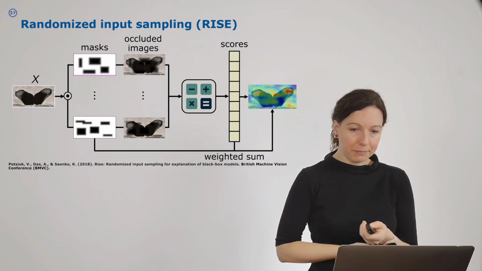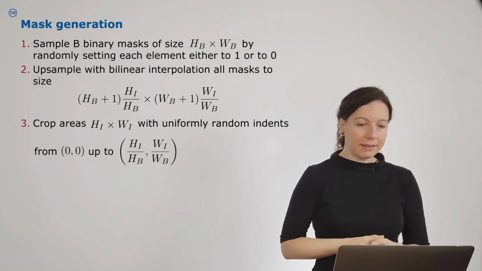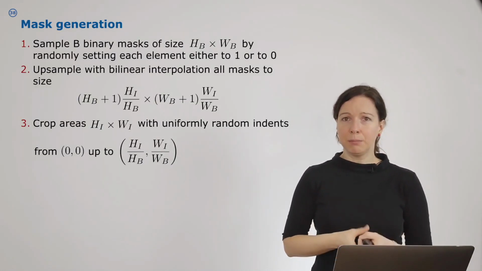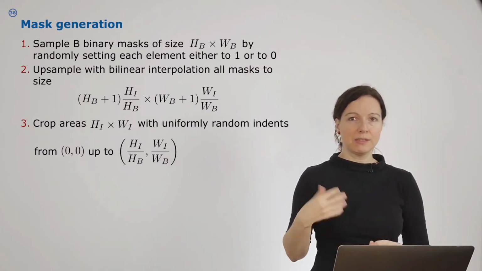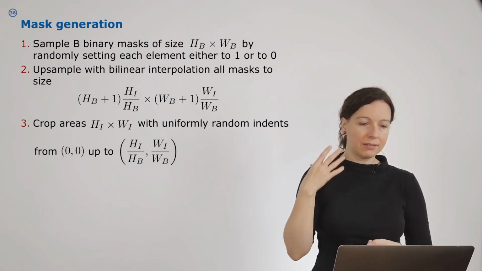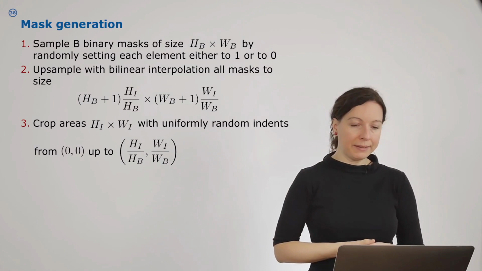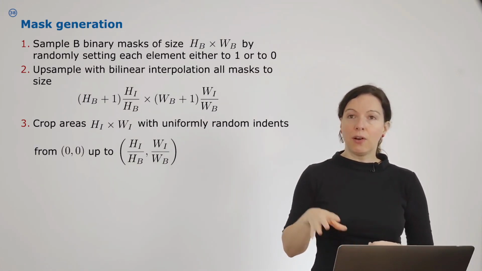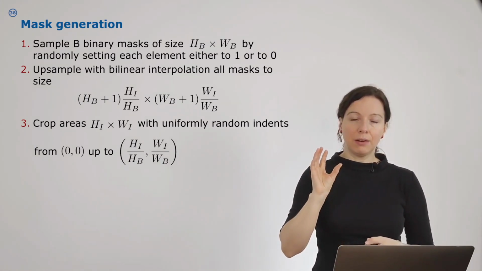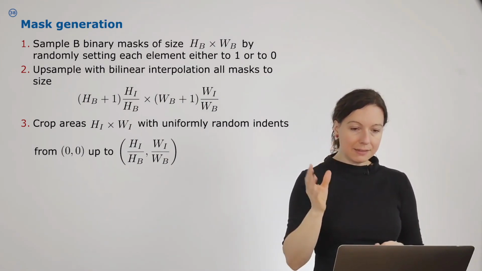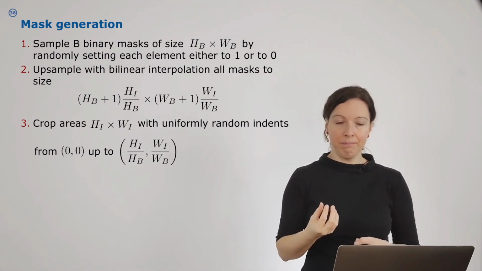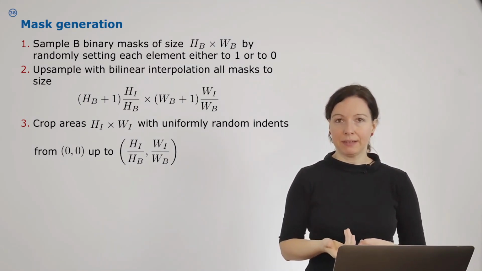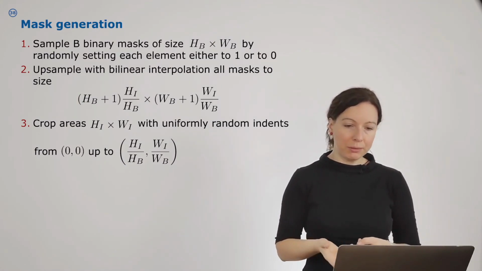And as I said, let's have a look a little bit more into mask generation, because this is not so easy and there's a principle, a computation behind it. So first of all, masking, so what is the problem? Masking pixels independently may cause adversarial effects. I already talked about it.